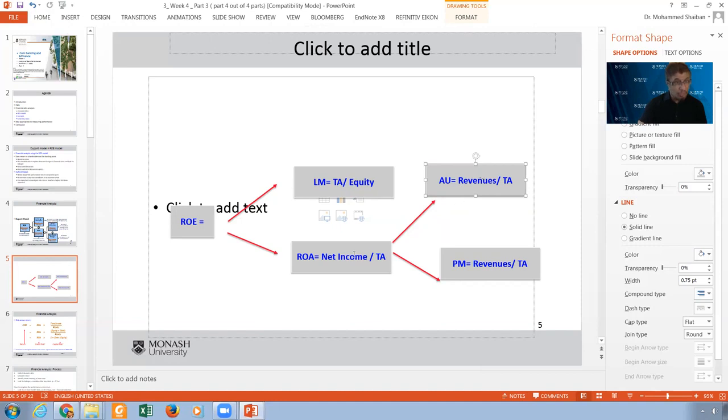And when I increase this ratio, of course, I will increase the total asset. Here, I can even decrease the, this is not the revenue, sorry. This is the net income over revenues. Net income over revenues here.